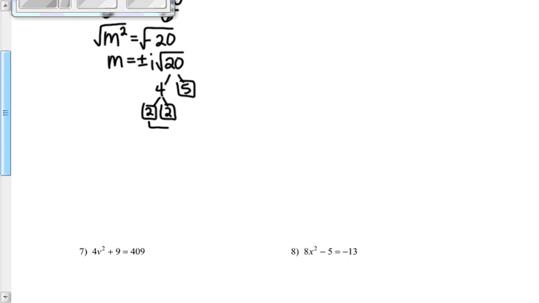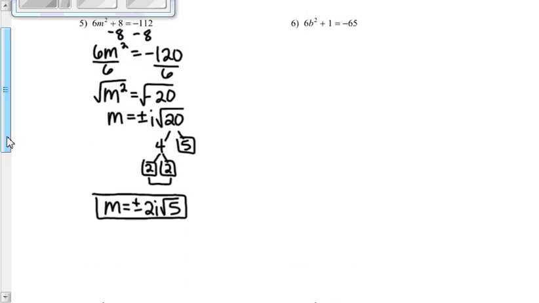I can see I have a pair of doubles. So that means the 2 comes out in front with the i, and the 5 will stay under. So if you can start taking some of those shortcuts, then the process will be just a little bit shorter for you. If not, just go back to the old way of doing things.